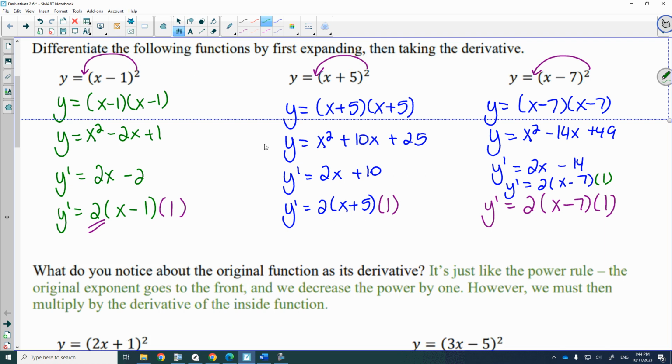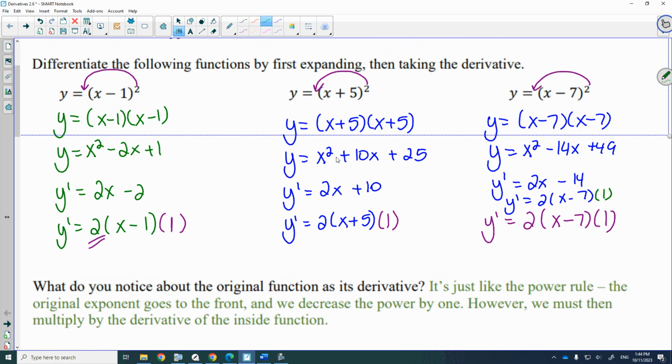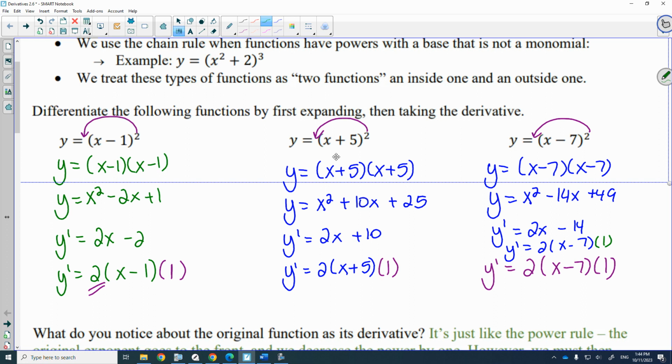The reason why we want to have a rule is because if I gave you, let's say, (x plus 5) to the power of 4, we want to be able to differentiate this without doing (x plus 5) times (x plus 5) times (x plus 5) times (x plus 5), and then expanding it.